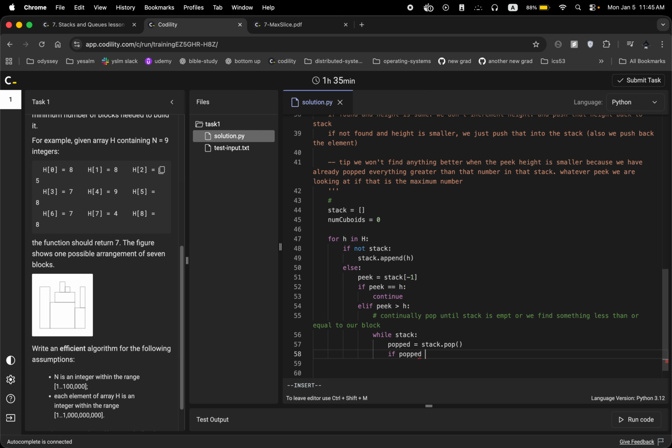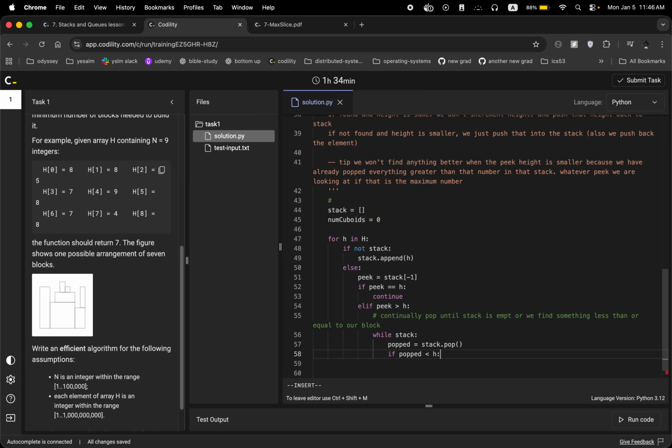If popped is less than or equal to our current value h, then what do we do? So we found like 5, right? We're looking at 7, we found 5. What do we do then?